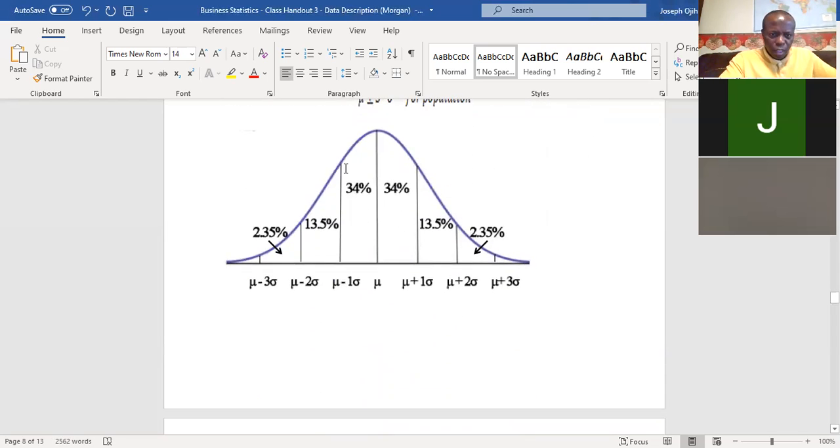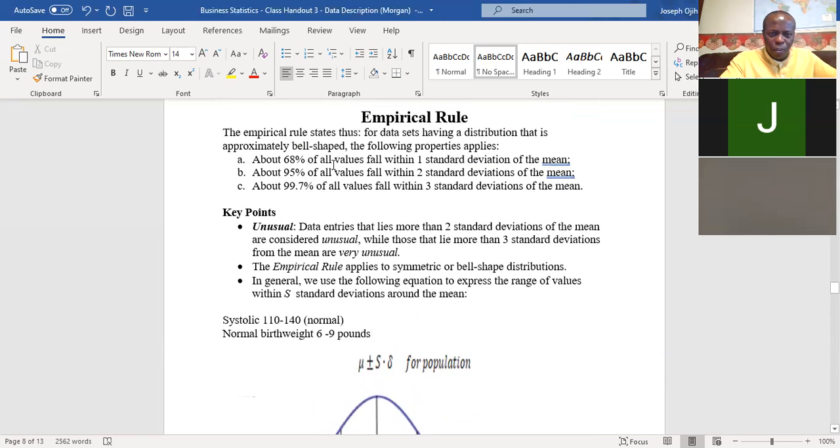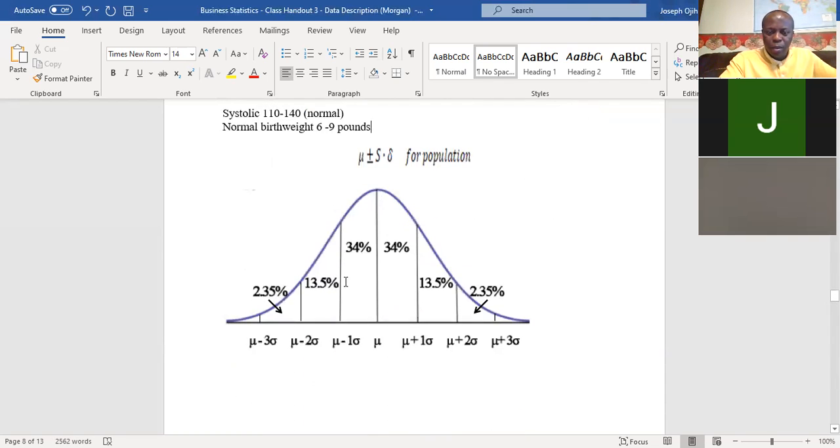The first one says about 68% of all values usually fall within 1 standard deviation. So you can see right here, there are 2 sides, left side and right side, with the mean at the center. Then for the deviation from the mean, on the left side, we use mean minus 1 times standard deviation. On the right side, we use mean plus 1 standard deviation.